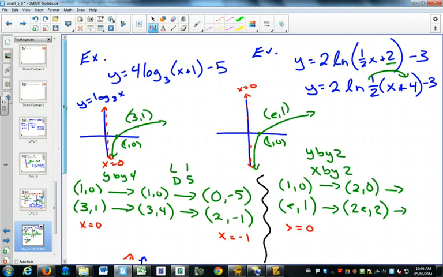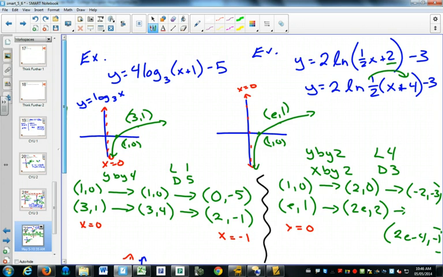And we have two transformations. We're going to be going left 4, down 3. Here, I'll write this point underneath because it's going to take a little bit more space. When I'm going left 4 from 2e, I'll have 2e minus 4, and down 3 will get me to negative 1.